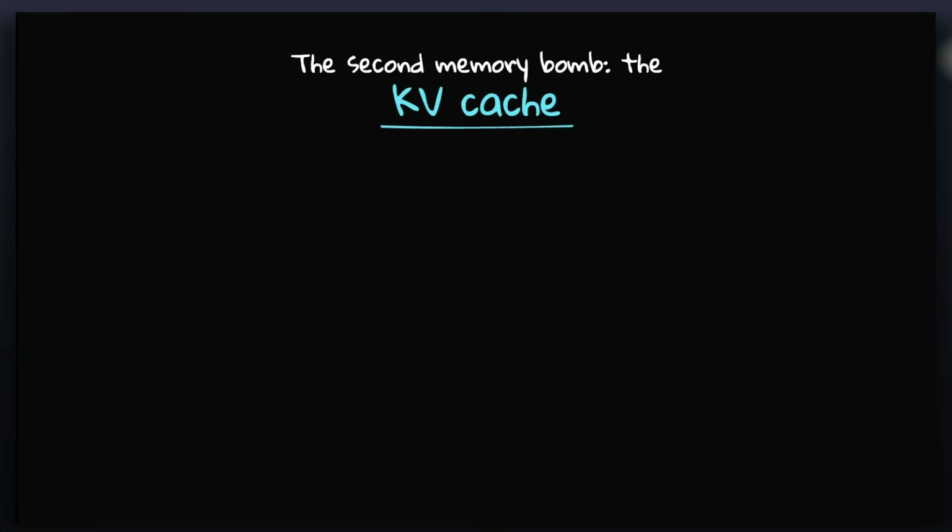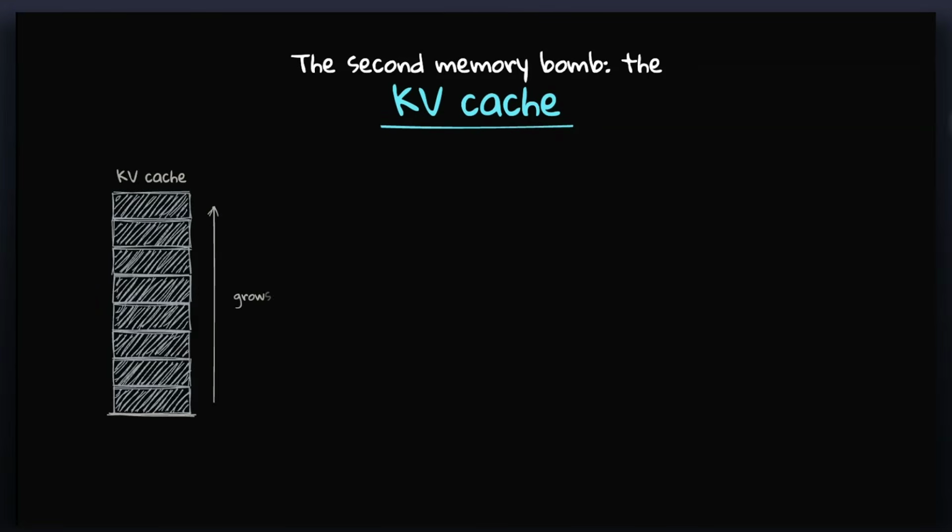Okay, but that's only part of the story. You are able to load the model, but you need to think about the KV cache, because that determines how much context window you can actually use. As the model reads your context, it stores the KV cache, which grows with every token it sees.